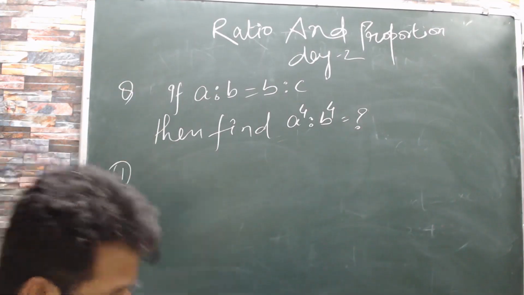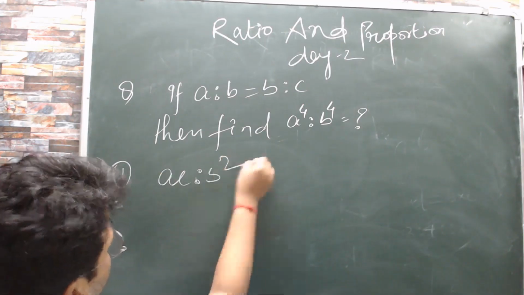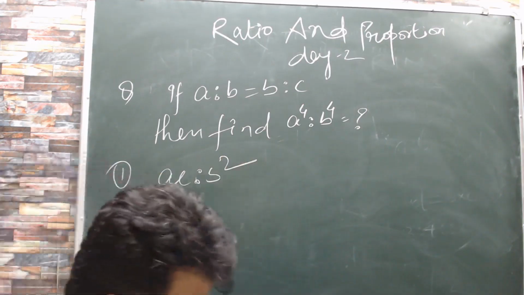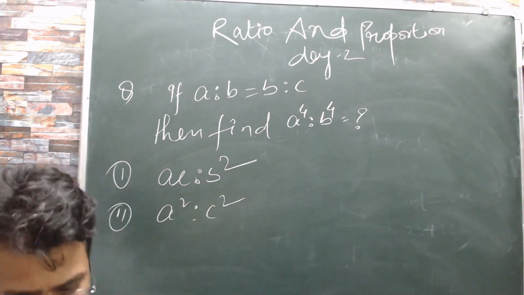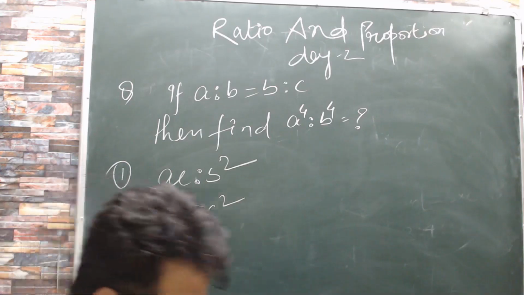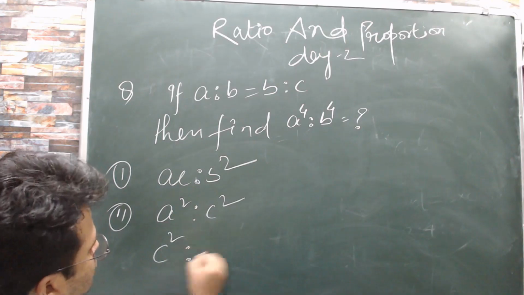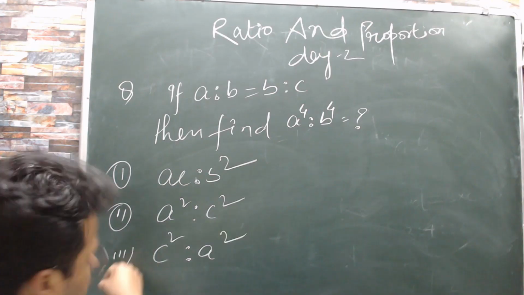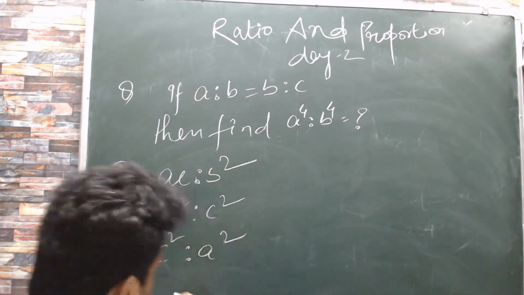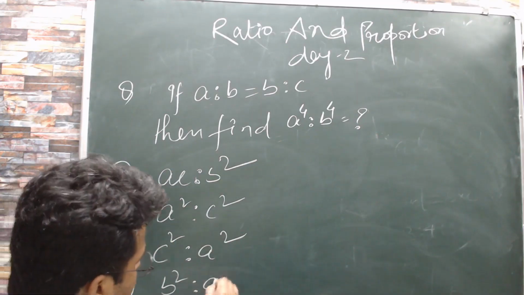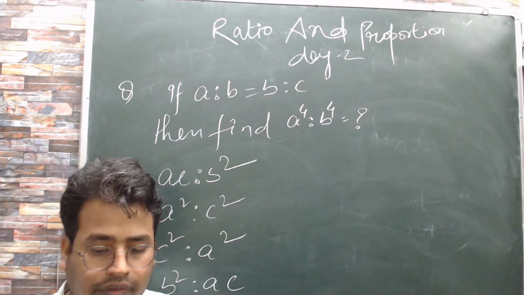Your options are: first, AC upon B square; second, A square ratio C square; then you have C square ratio A square; and the fourth option is B square upon AC. So these are your options. So how can you solve this question?